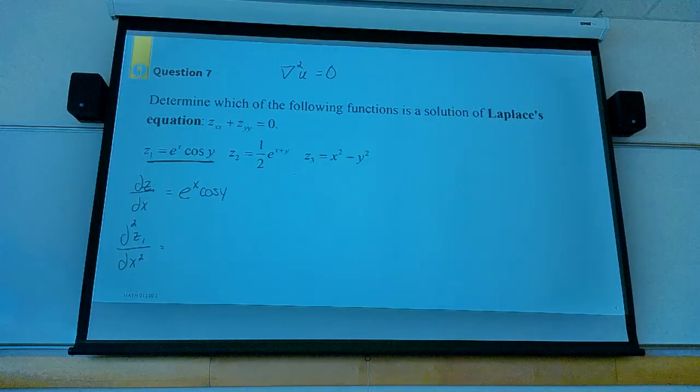Second order partial with respect to x. Partial with respect to y. What is it?